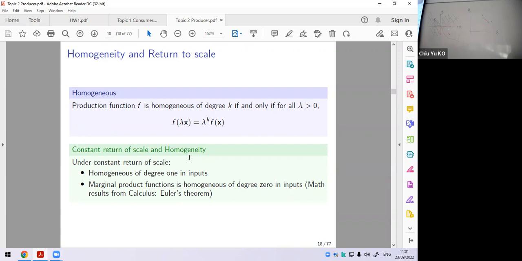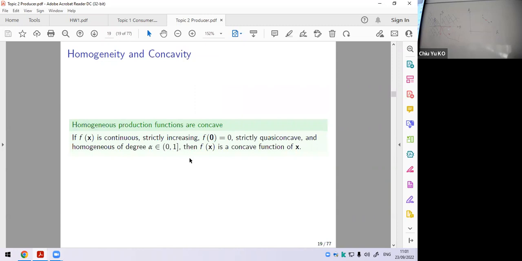So why do we care about this part? Because this is the important result. We look at the textbook, okay? The reason this is important is because we already assume continuous, increasing, and f(0) equals 0, right? And we also assume strictly quasi-concave, which is what we have here. Combining is better than the worst of the two, okay?